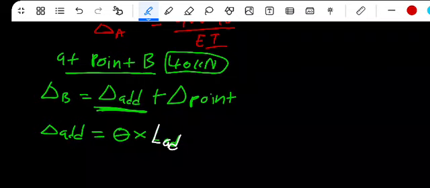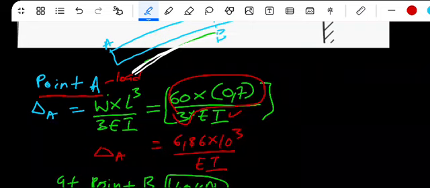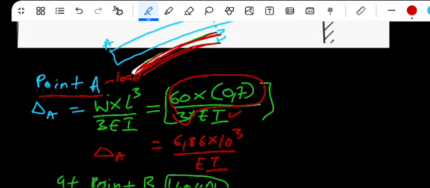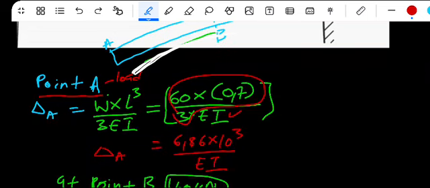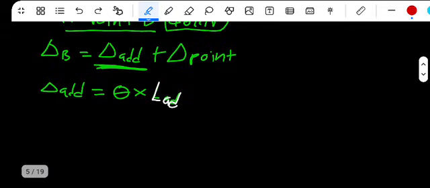The additional length is the length from B until A. Theta is just the original theta there.